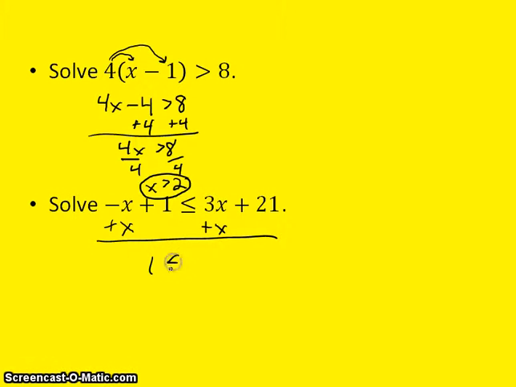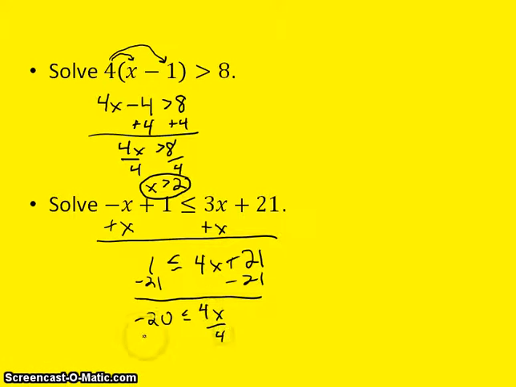So 1 is less than or equal to 4x now, plus 21. Minus 21 from both sides to get the number over to the left side. So we got negative 20 is less than or equal to 4x. Divide by 4. That means x is greater than or equal to negative 5.